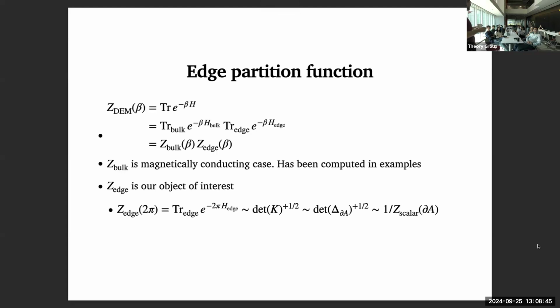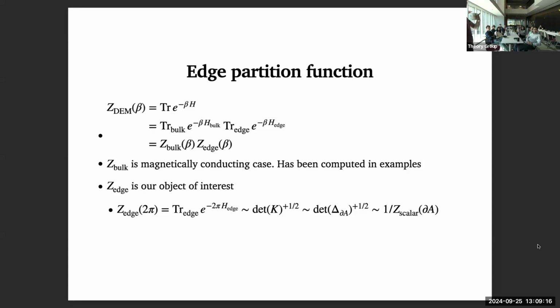I'm very happy to go into detail, but there are actually lots of details swept under the rug in this equation. So I'll just say for now that you take this trace, you do get something proportional to the root determinant of this operator K, which is then proportional to the root determinant of the Laplacian on this codimension 2 surface.